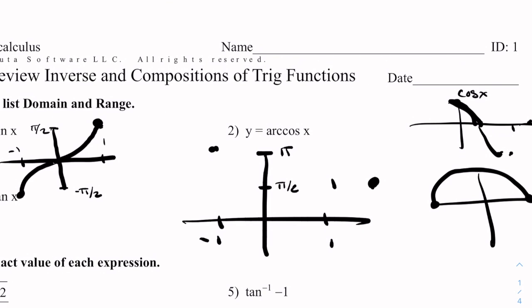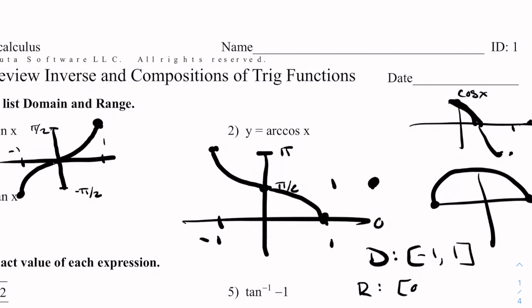Halfway is pi over 2. So our domain for inverse cosine is -1 to +1, and our range is from 0 to pi.